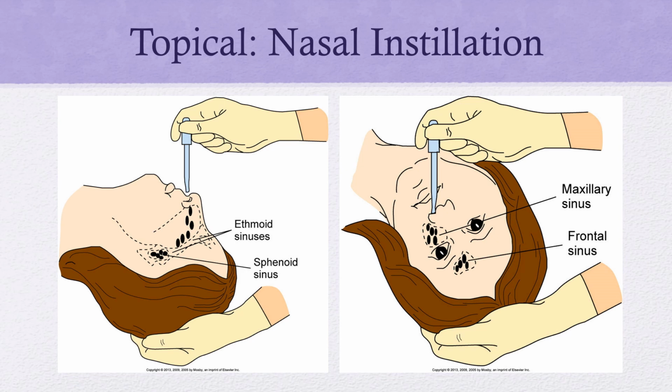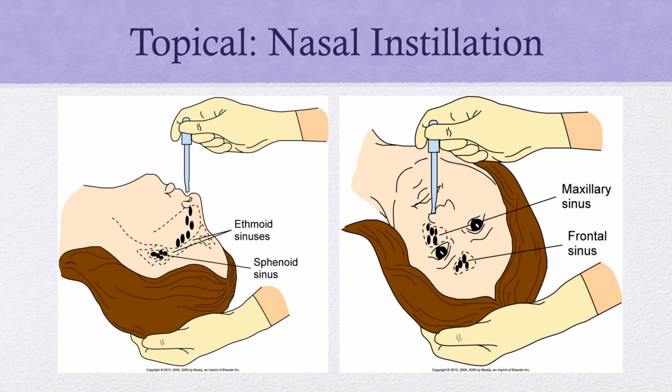When we think about nasal installation, standard precautions, right? We're wearing our gloves. We're going to lie our patient supine with the head positioned to allow medication to enter appropriately into that nasal passageway. We try to tell our patients to breathe through their mouth, stay supine, and not to blow their nose for about 5 minutes.